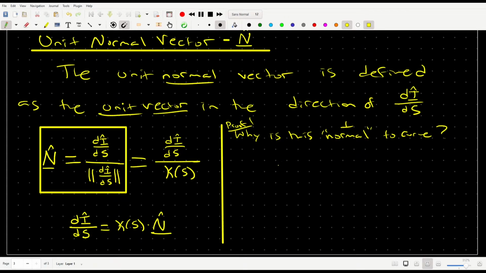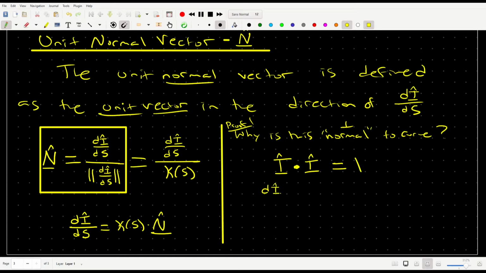Well, take one of the defining properties of the unit tangent vector. The dot product of the unit tangent vector with itself has to be equal to 1. We take the derivative of both sides of this expression, because both of these depend on the parameterization of the curve. I'm going to do this with respect to arc length, but you could also do it with respect to parameter t as well.